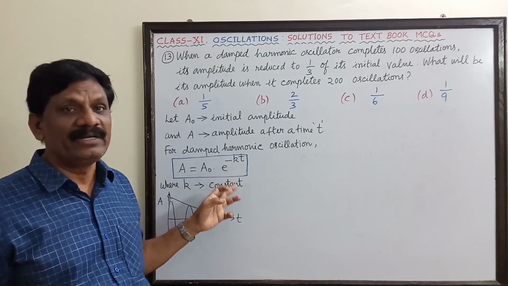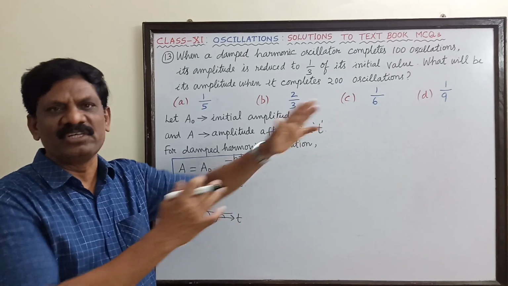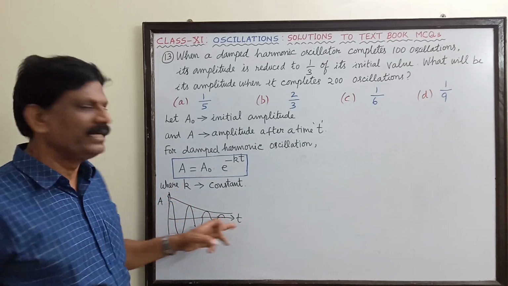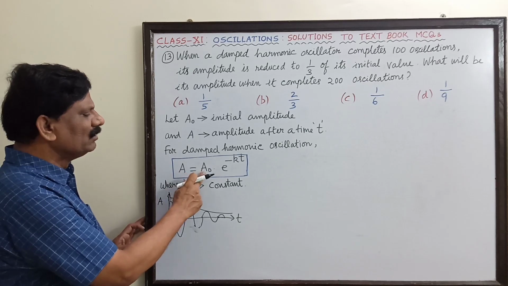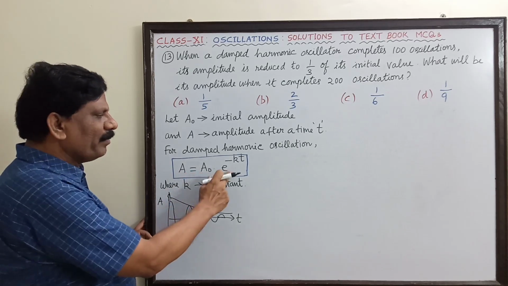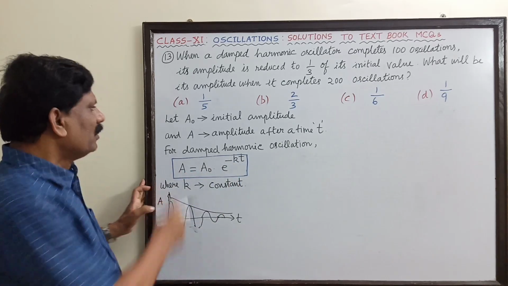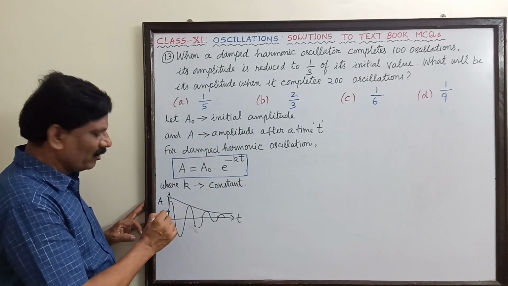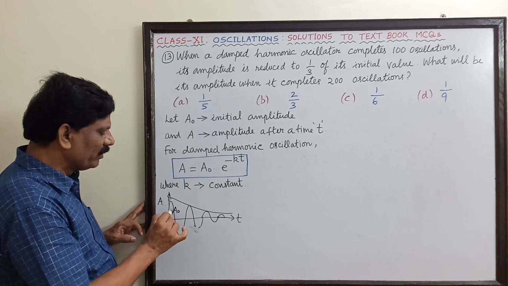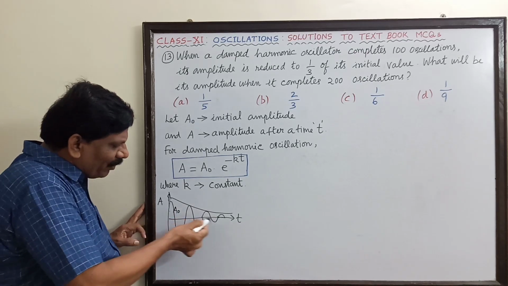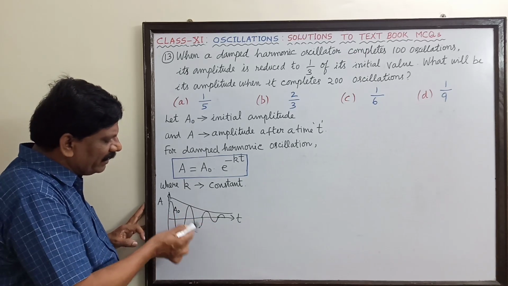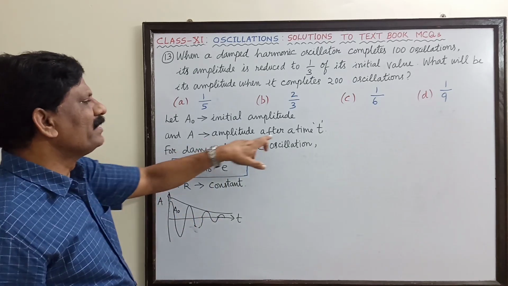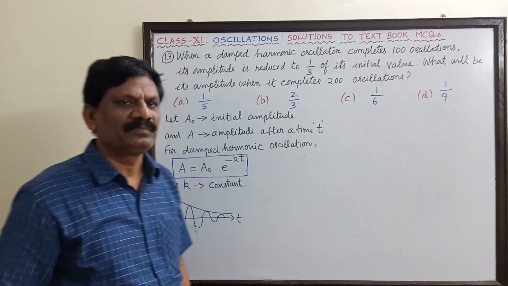Just like a radioactive substance decays exponentially, the amplitude of oscillation decreases exponentially, and that is given by A equal to A naught into e power minus k into t, where A naught is the initial amplitude. As time progresses, the amplitude continuously decreases as per this equation. So A is the amplitude after a time t.